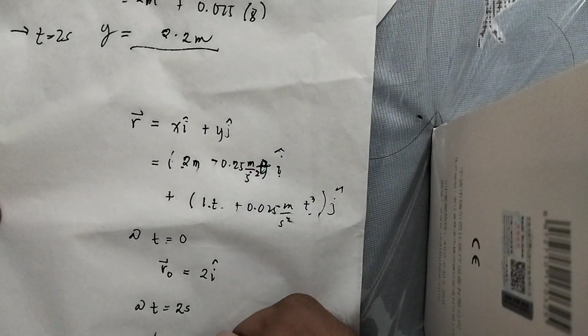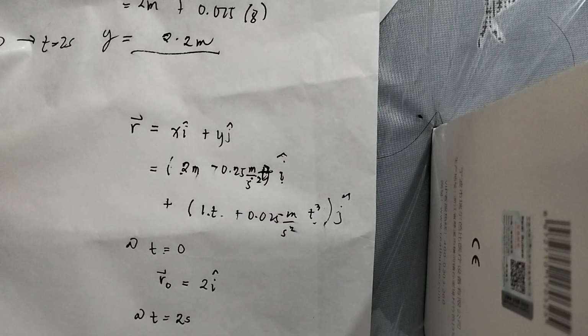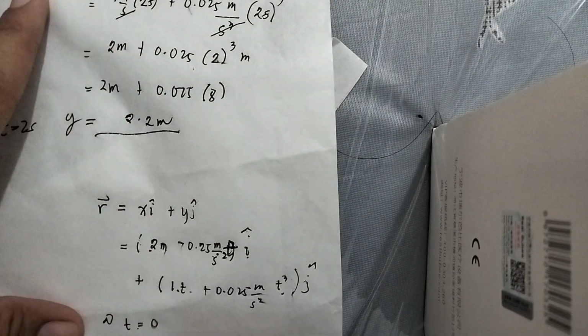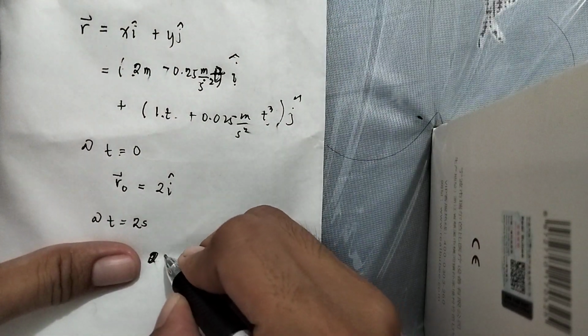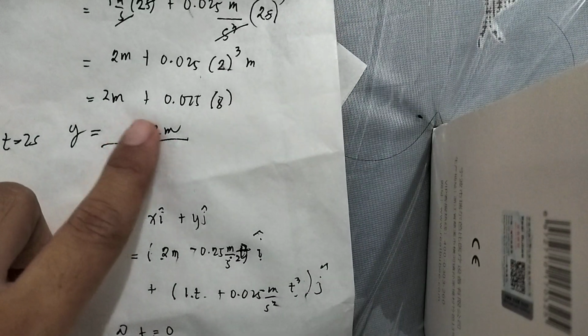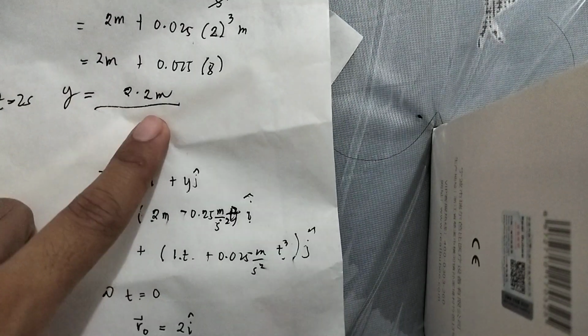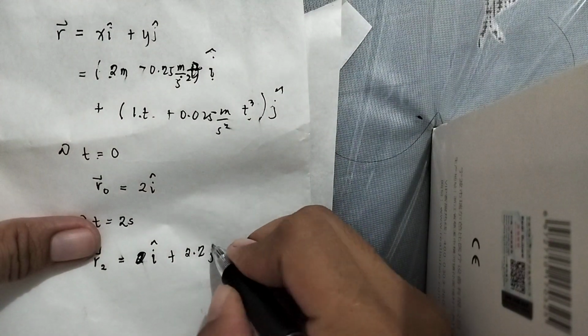So, where is the 1? In x, right? So the x component is 1, so i. And then here for y, 2.2, so plus 2.2 j hat.